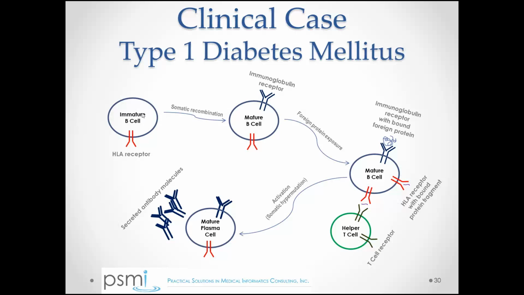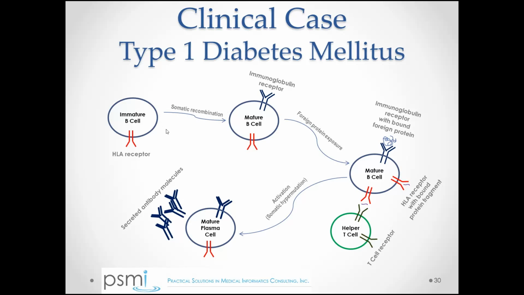On the other hand, you have other genes that result in immunoglobulin receptors. The genes that are responsible for producing the immunoglobulin receptors actually get physically altered in a process known as somatic recombination. Those genes get physically altered, and this mature B cell has now physically altered its DNA.